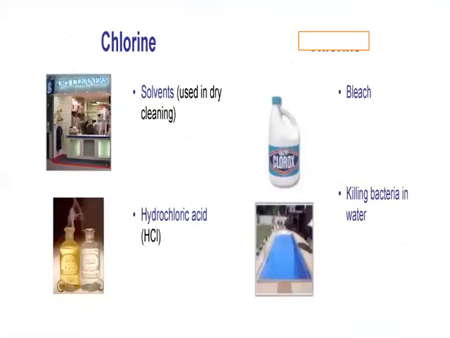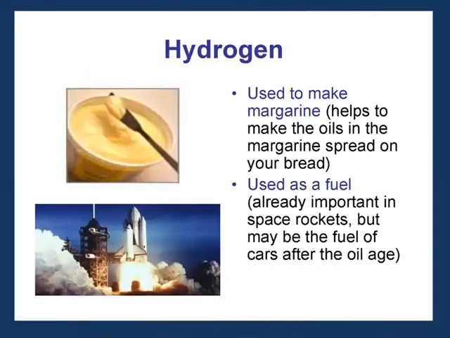Chlorine is used as solvent in dry cleaning industry, as bleach, in the making of hydrochloric acid, and as disinfectant killing the bacteria of water. Hydrogen is used to make margarine, which helps the oils in the margarine spread on your bread, and is used as a fuel in various ways.